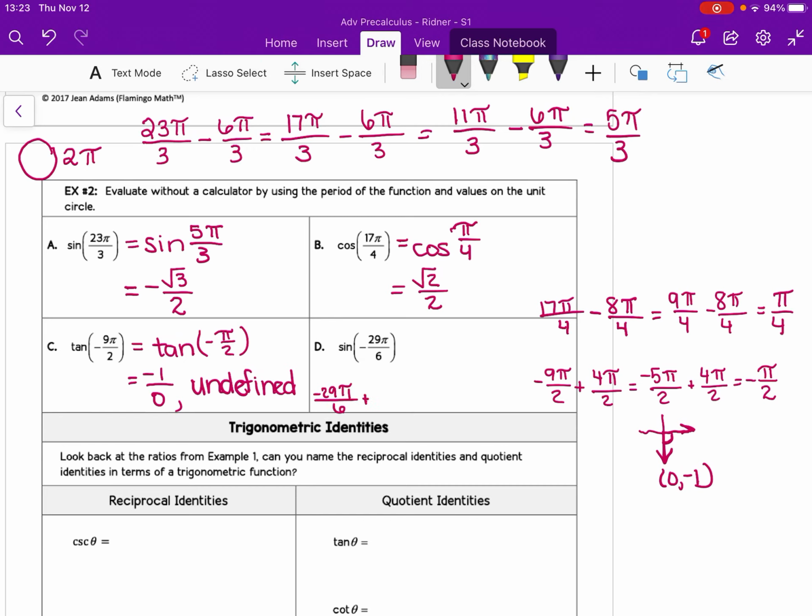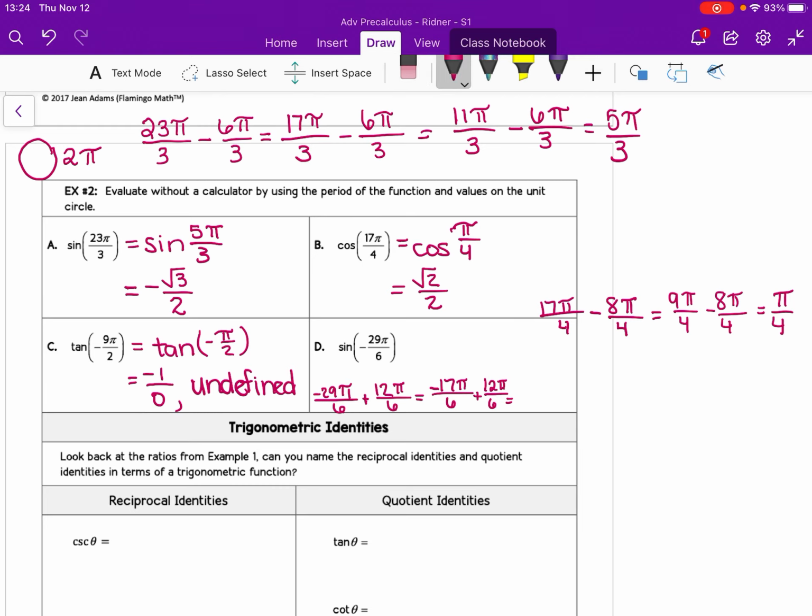Negative 29 plus 12 is negative 17, plus 12 is negative 5, which is 7 pi over 6.